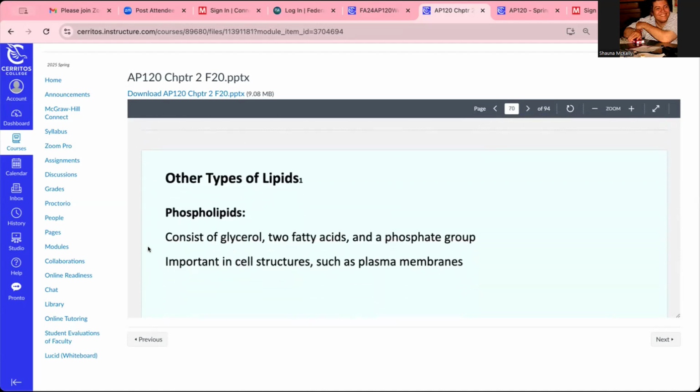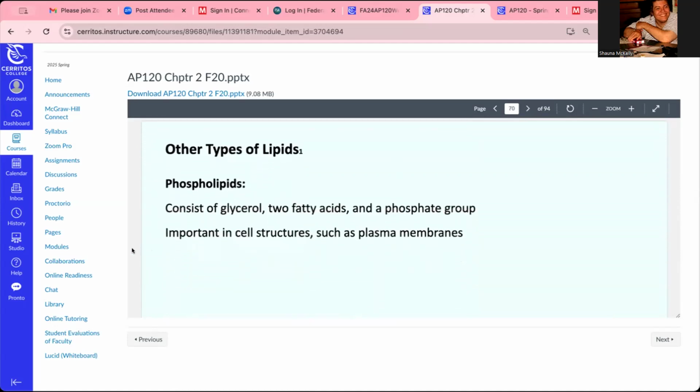Other types of lipids are phospholipids that consist of glycerol, 2 fatty acids, and a phosphate group. They're important in cell structures such as plasma membranes.